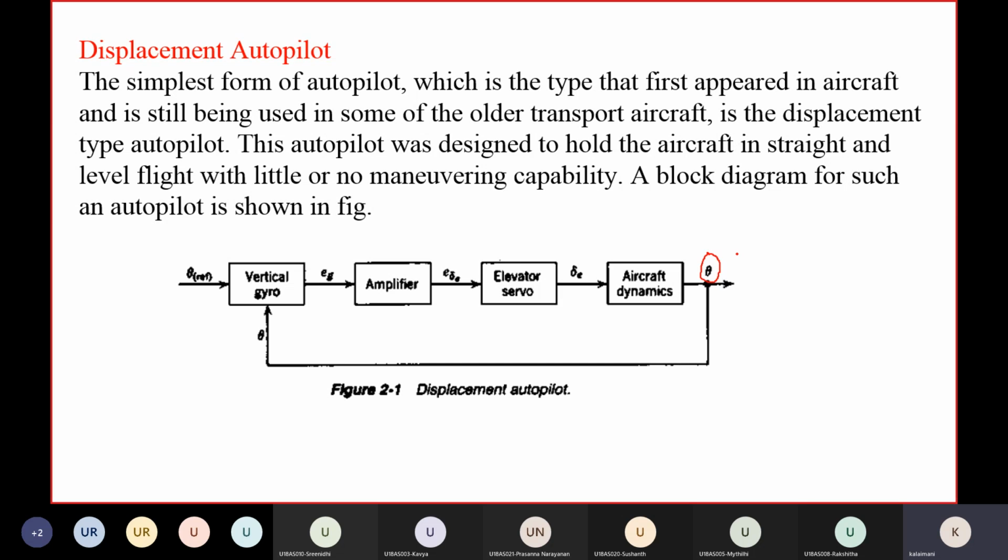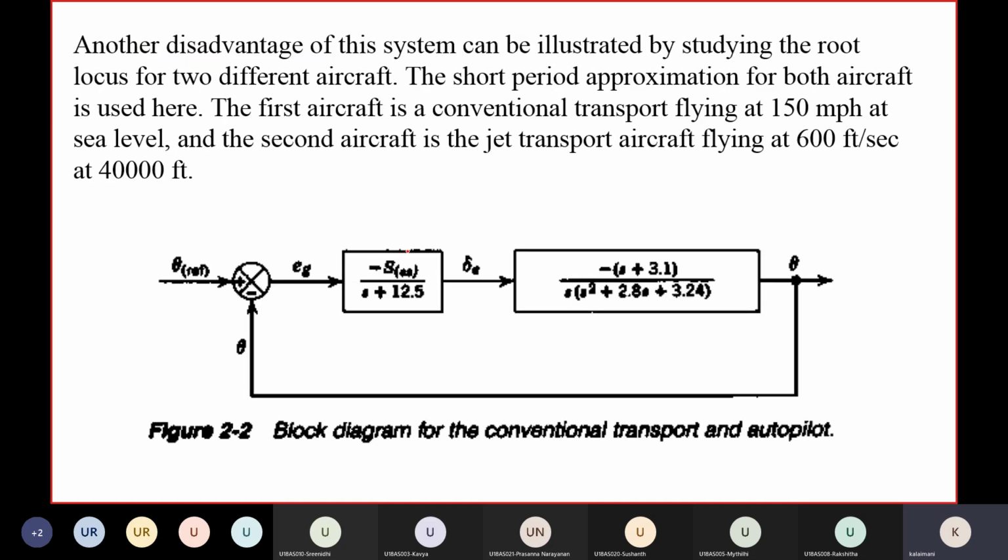So it will counteract the movement caused by the dynamics. This is the block diagram of your displacement autopilot.